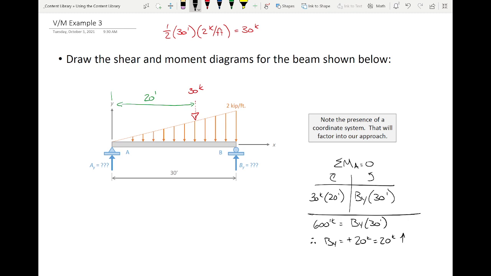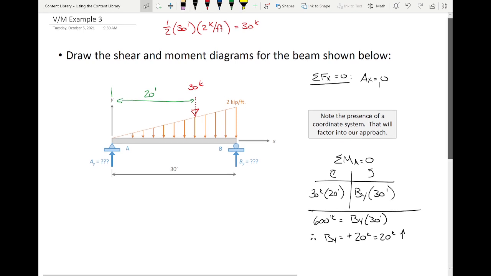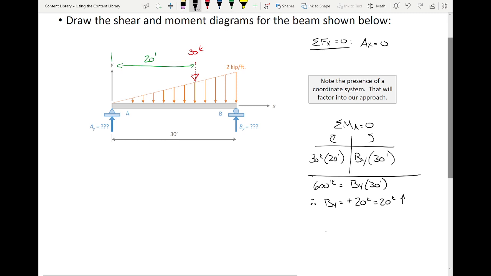And so just to round everything out, we know that if we sum forces in the x direction, we're going to get that AX is 0. And if we sum forces in the y direction, what are we going to get for AY? Say it again. 10.